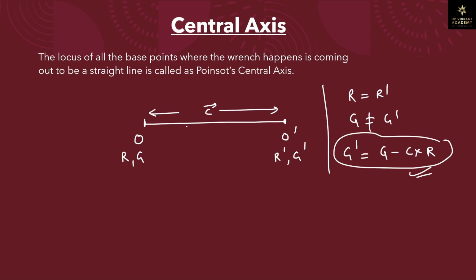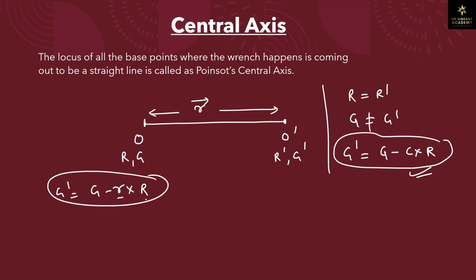Now let us generalize this. For finding the equation of central axis, let us take c vector as r vector, so the position vector is r vector. Then g dash is equal to g minus r cross resultant vector, position vector cross resultant vector. So what is the wrench?